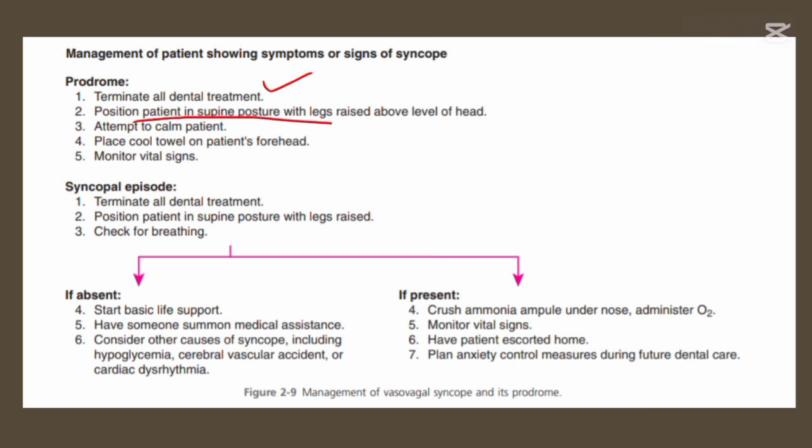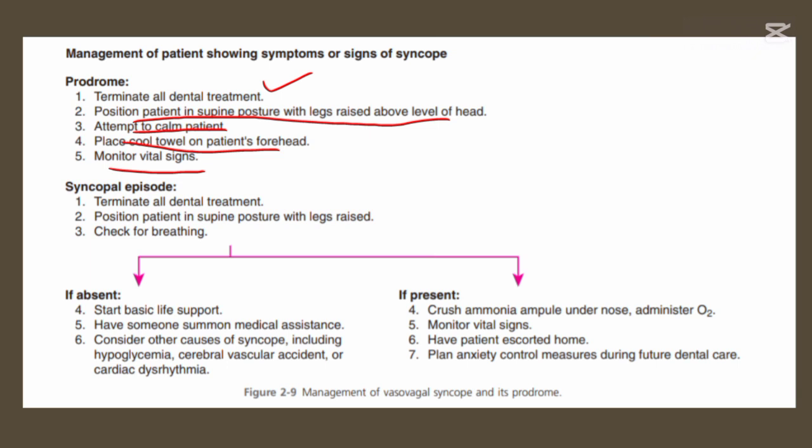Place the patient in a supine posture with the legs raised above the level of the head. Why do we raise the legs above the level of the head? Because there is increased blood flow to the head. Very important. Calm the patient and place a cool towel on his forehead because it is warm. Monitor the vital signs like blood pressure, respiratory rate, heart rate, etc.